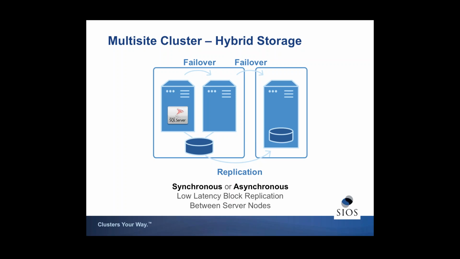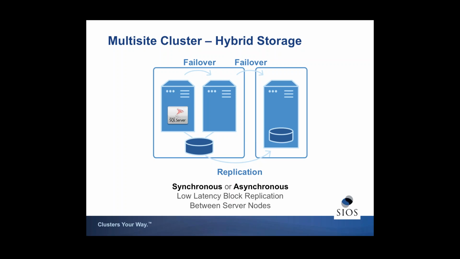So the diagram we have here up on the screen, this is what I call a 2x1 cluster. This is a nice use case for a scenario where perhaps you already have an existing cluster. You already have two VMs. You might be using raw device mapping here today to share that one disk to the two VMs. Now maybe you want to have a third virtual machine at a secondary data center, so we can replicate that shared storage from the active node at data center 1 over to the third cluster node at the secondary data center.